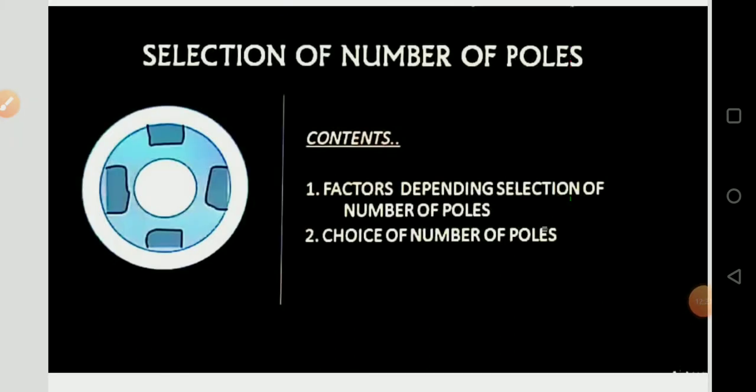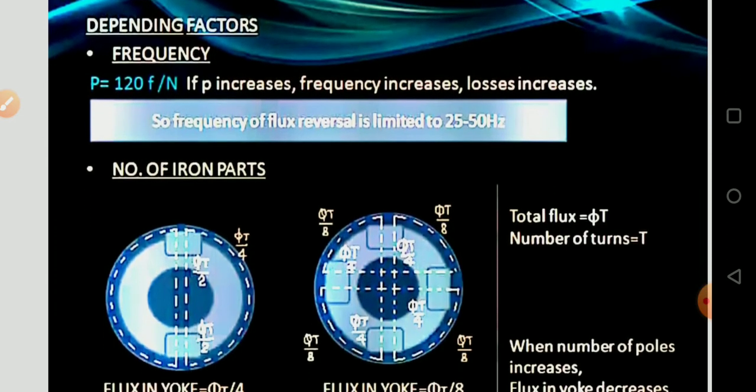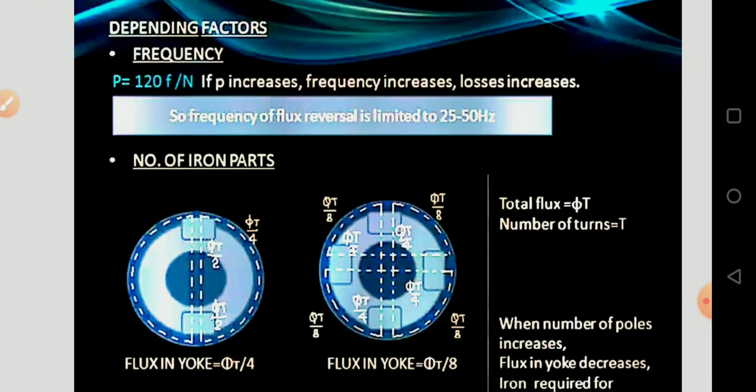The first is the factors depending on the selection of the number of poles, and the second is the choice of number of poles. Depending on the factor, we know that the frequency of the machine f equal to P N upon 120, meaning the number of poles equal to 120 f upon N. The frequency of flux reversal is limited to 25 to 50 hertz.